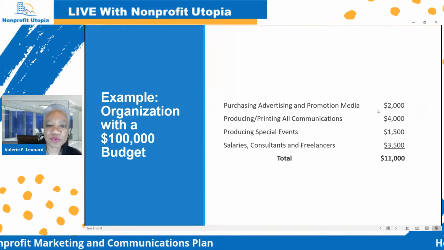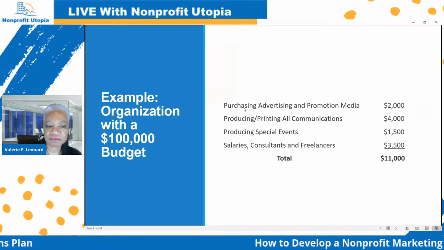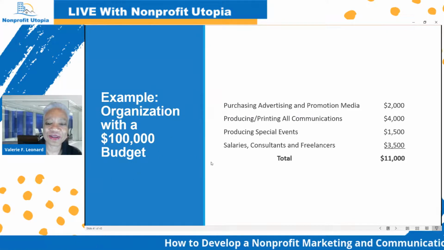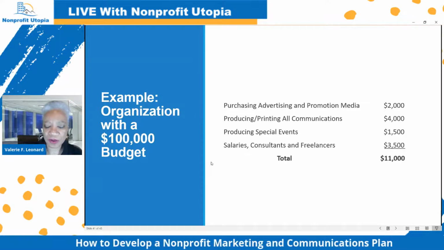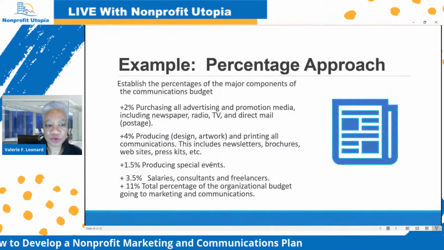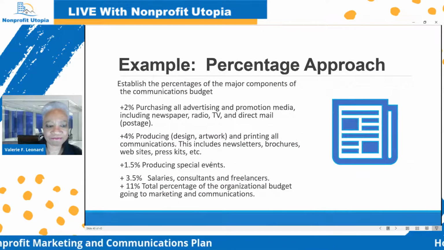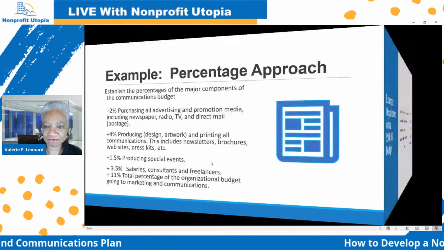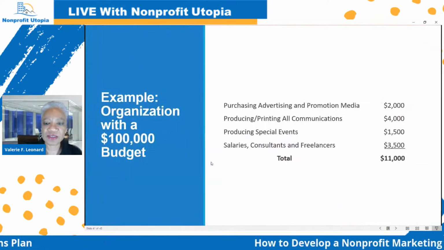So we've got 2,000. This 2,000 is 2% of this $100,000 budget. So remember here, 2%, 4%, 3.5%. Those correspond to this.